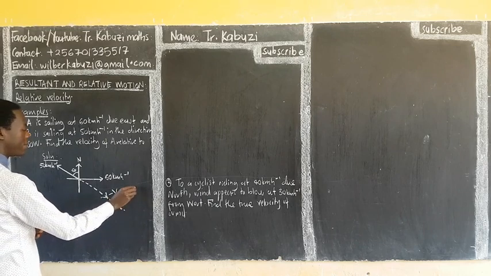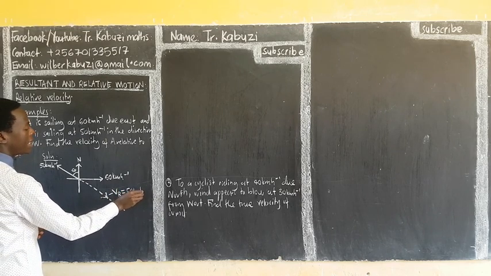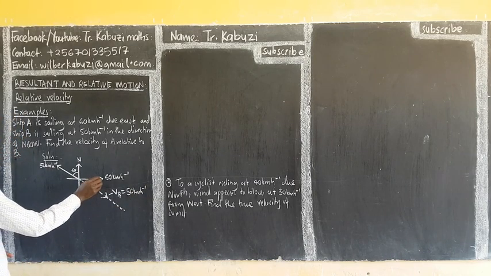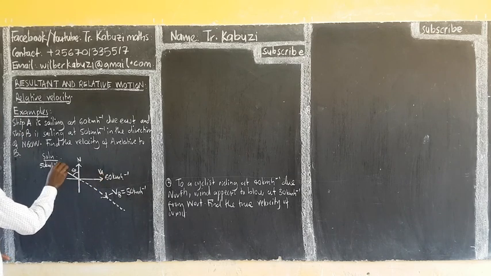Why are we taking it? Because it has just appeared. The magnitude of the velocity is not going to change, but its direction appears as if it's changing. So this is our VA, and this is our VB.